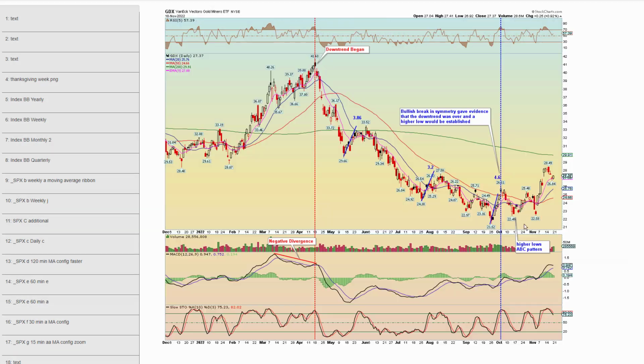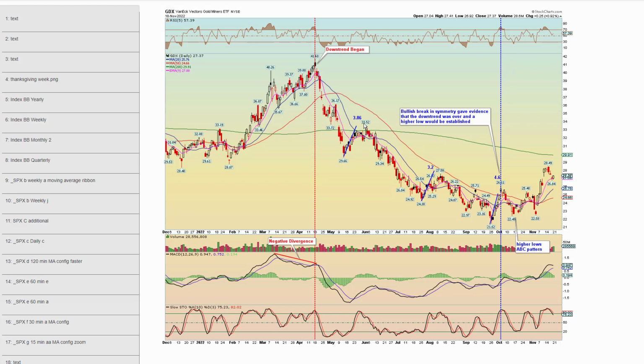Next, Chapter 72, I'm going to give you just a real-time example of symmetry. So remember, guys, symmetry is extremely useful for telling you when uptrends or downtrends have ended. So here's GDX, your downtrend began in April after this MACD divergence. You then measure the point value bounces.